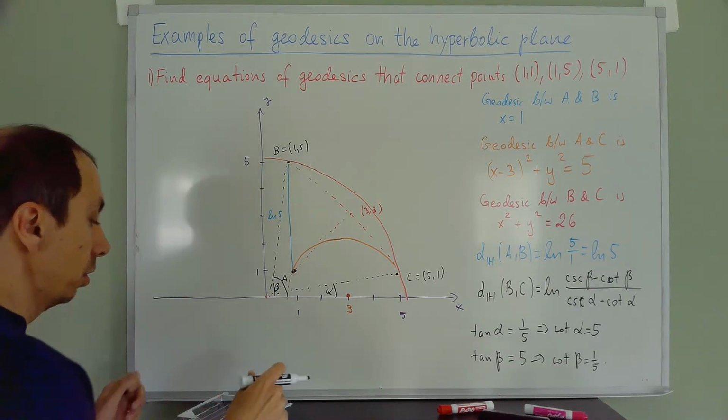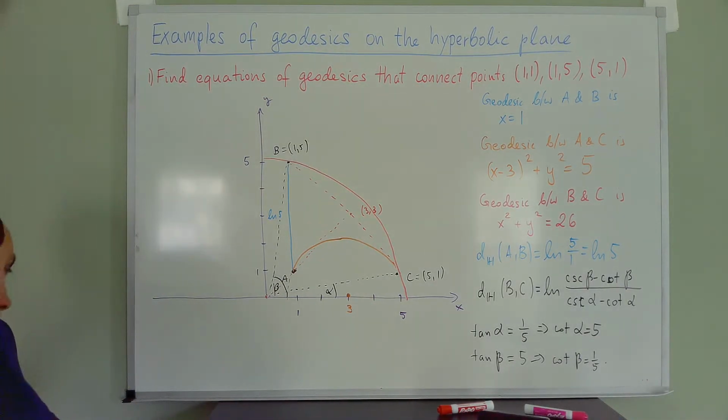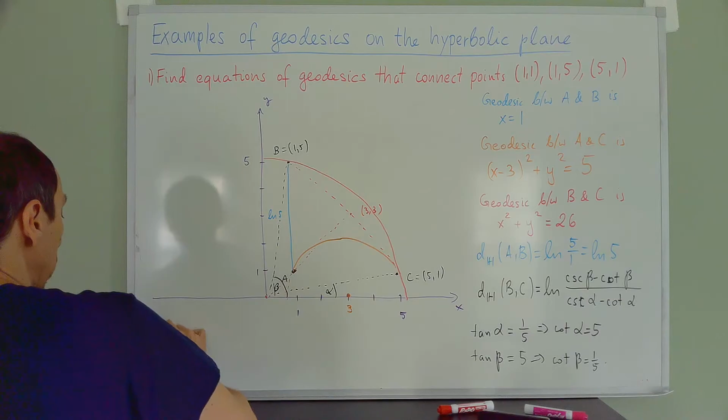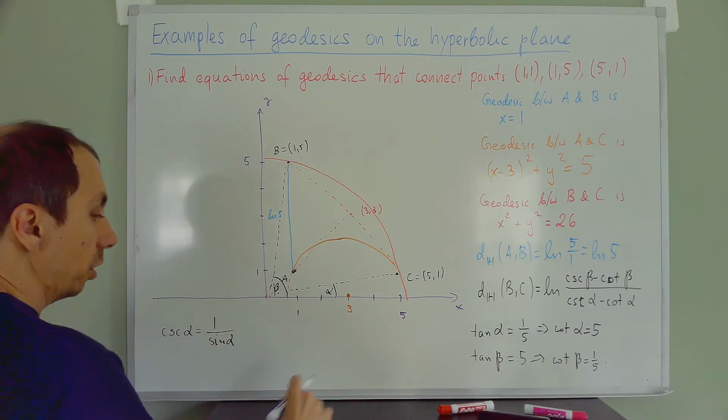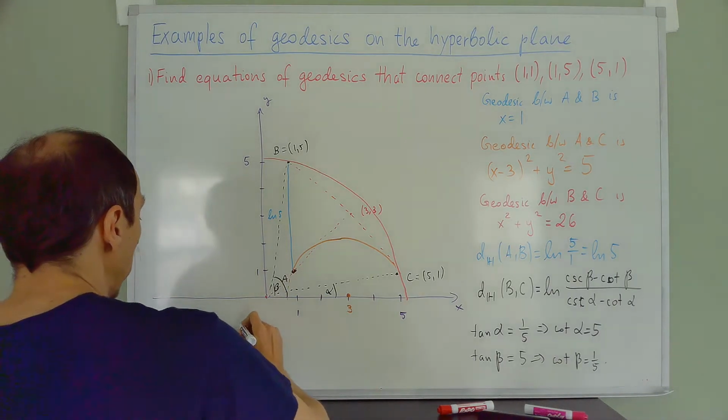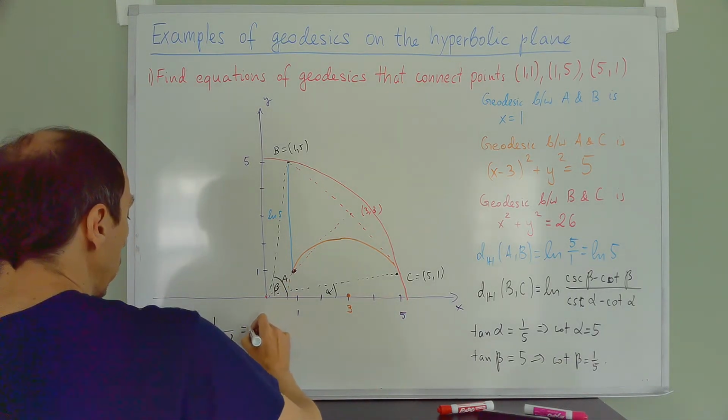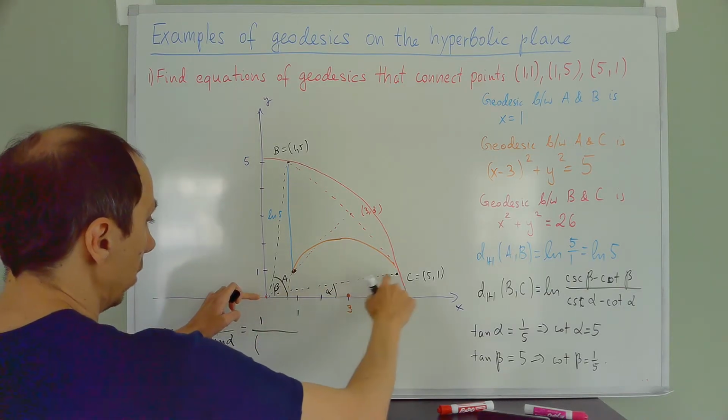So we can also compute the cosecant, right? Let's look at cosecant alpha, that's 1 over sine alpha. So we need to compute sine alpha. So alpha is here.